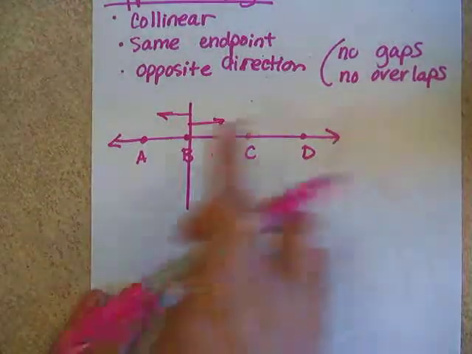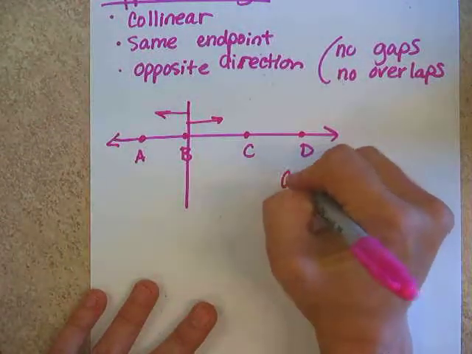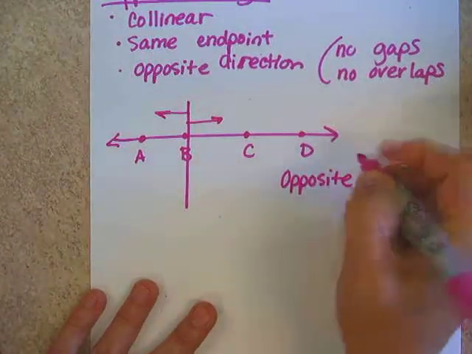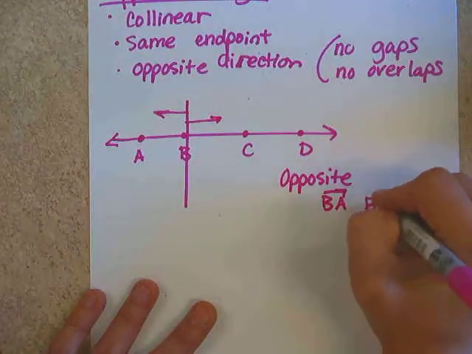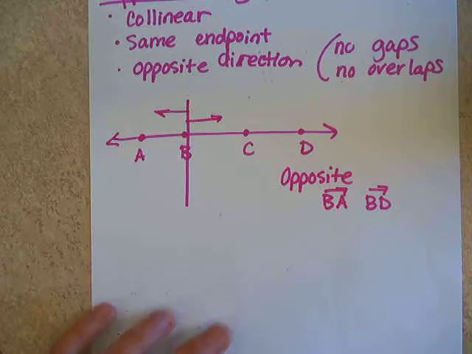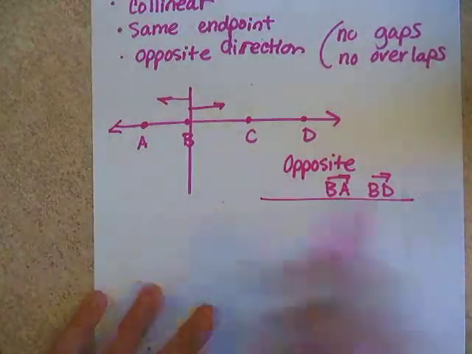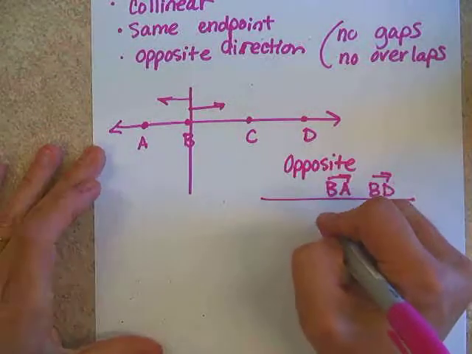If they're opposite rays, you want one of them going that way and one of them going this way. Okay, so I could use BA and BC or D. We'll just do BD. Okay, BA and BD are opposite rays.